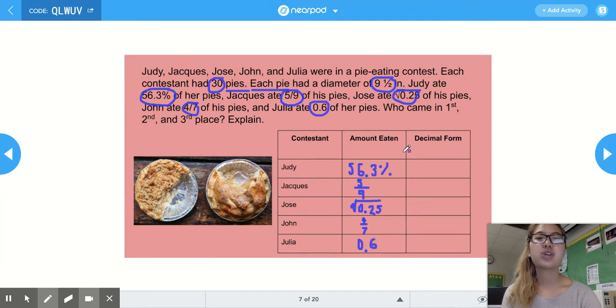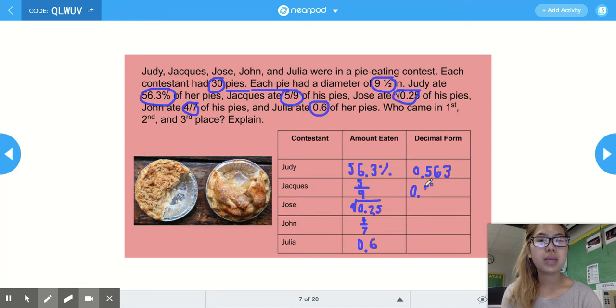So now we have to turn all of these real numbers into decimal form so that we can compare the numbers. So 56.3% as a decimal would be 0.563. The first way to convert from percents to decimals is to divide by 100. The second way is to move the decimal point 2 places to the left. Then we have 5/9, so 5 divided by 9 is 0.555.